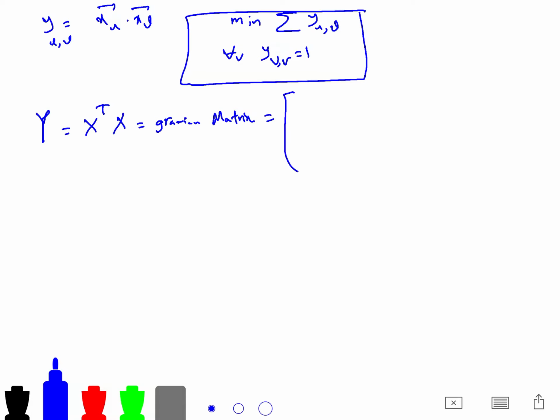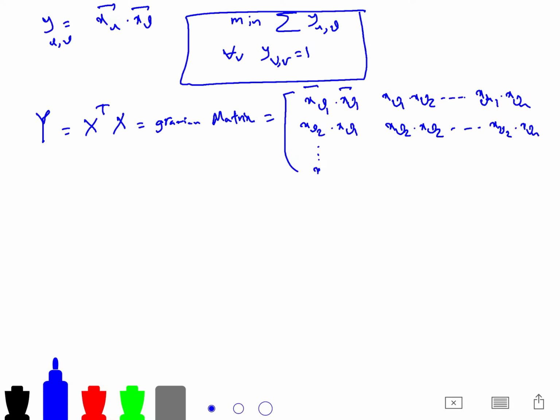So it's just the dot products of all of the combinations: x v1 with x v1, x v2, up to x vn, and so on for each row.